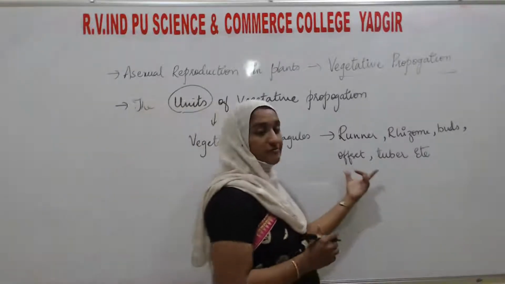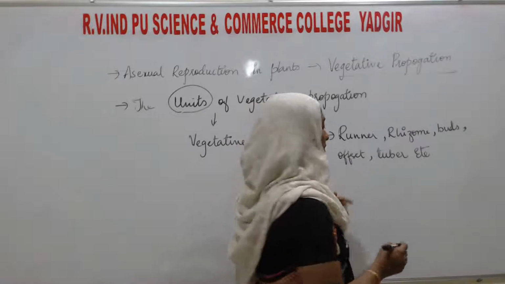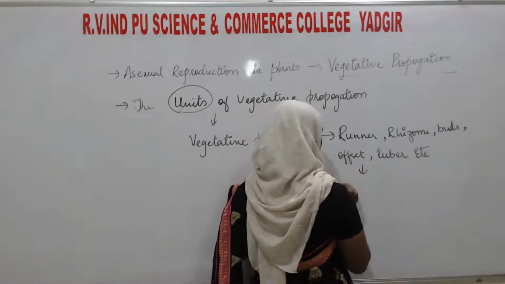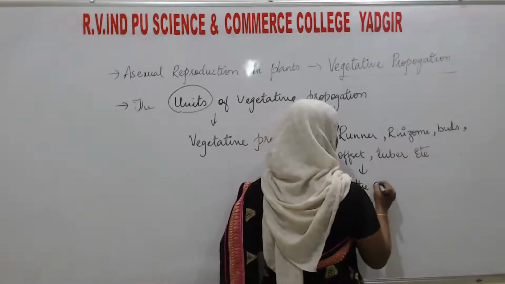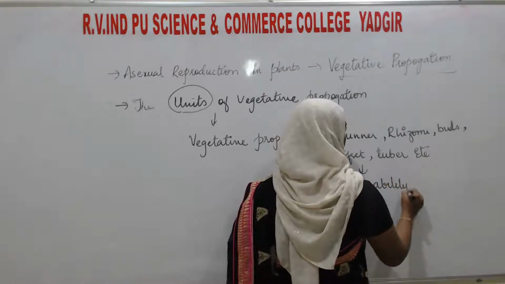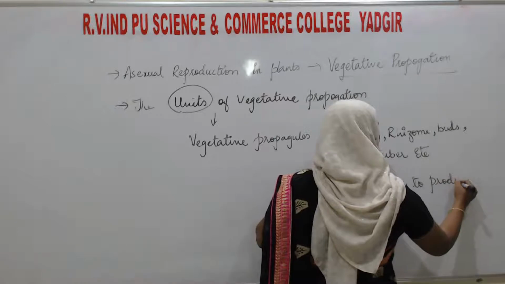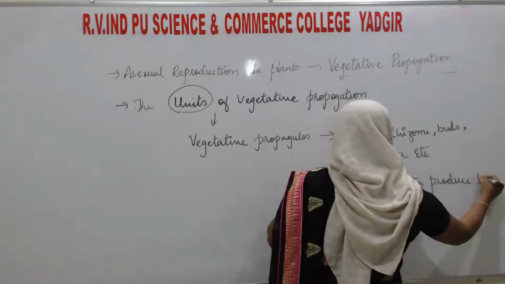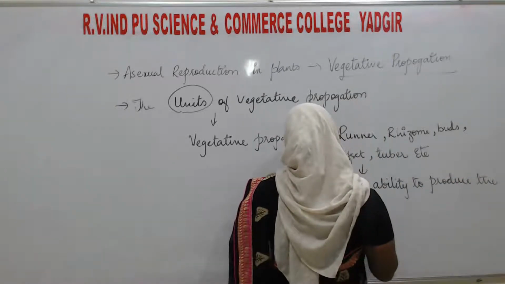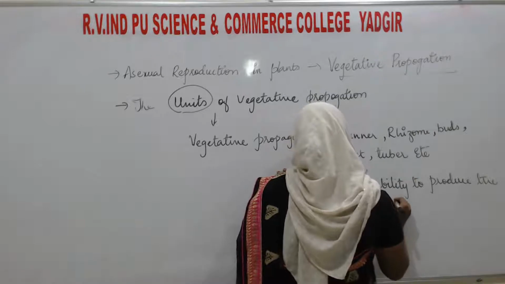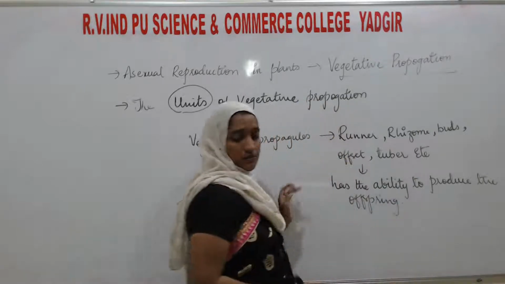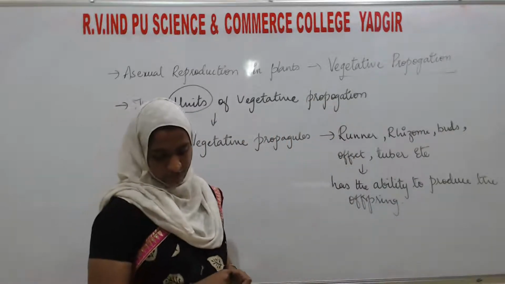By these vegetative propagules. These vegetative propagules have the ability to produce the offspring, so we call them vegetative propagules.